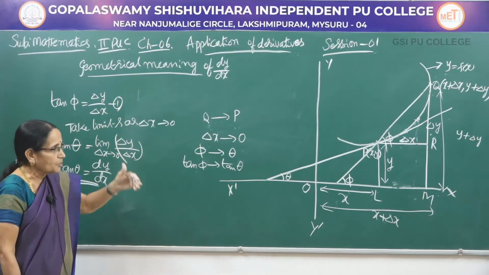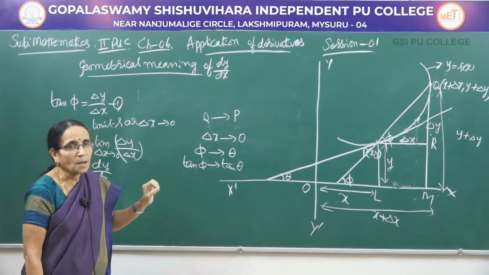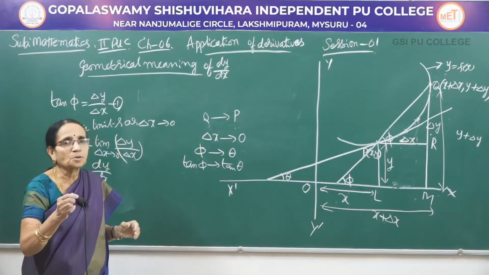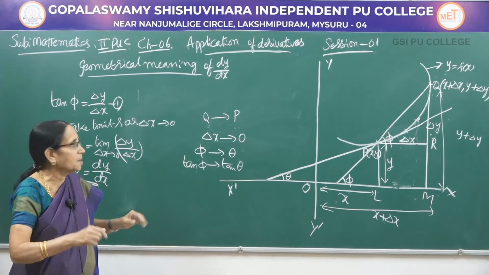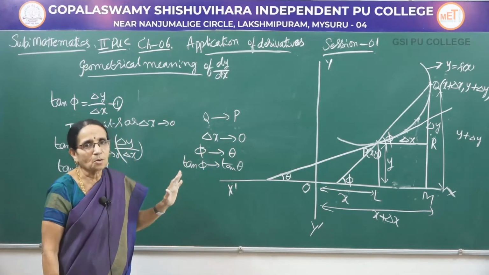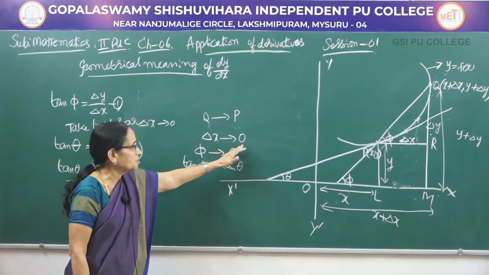When Q starts moving towards the point P along the curve, the value of delta x goes on decreasing. Finally, when Q coincides with P, delta x becomes 0. So mathematically we write as Q tends to P, delta x tends to 0.